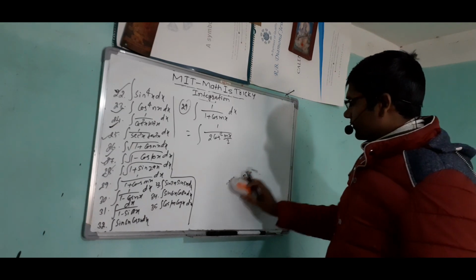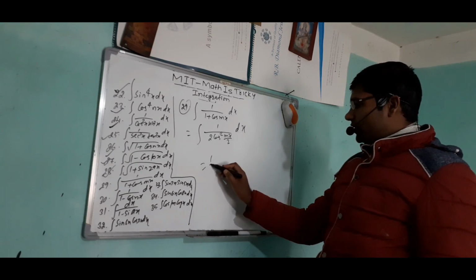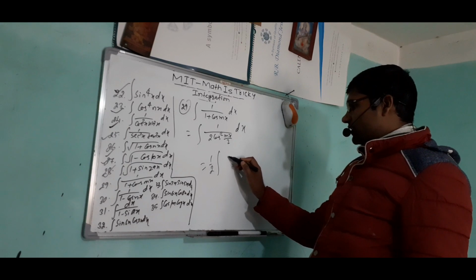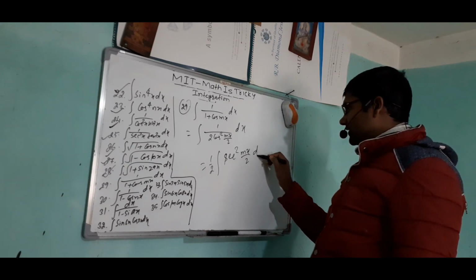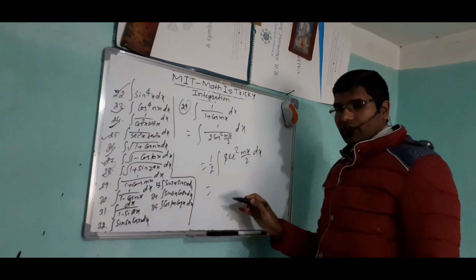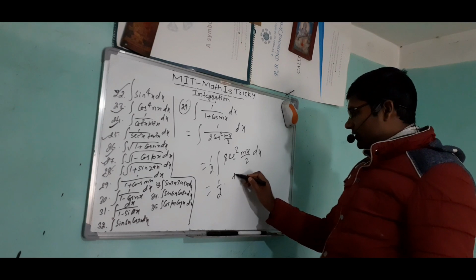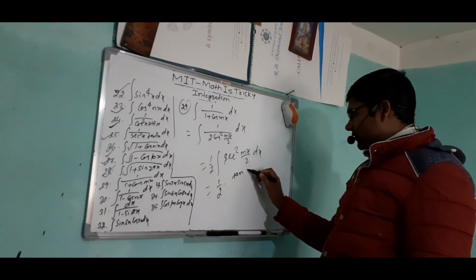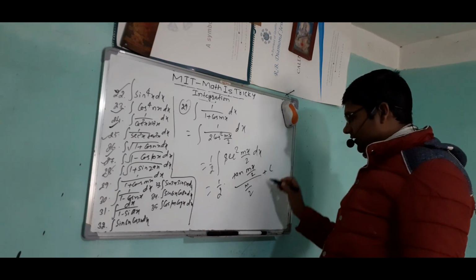Now after using this formula, 1 by 2 outside, and 1 by cos square means sec square mx by 2 dx. Now we have the formula for sec square, so 1 by 2 outside, and the integration of sec square is tan: tan mx by 2, divided by m by 2, plus c.